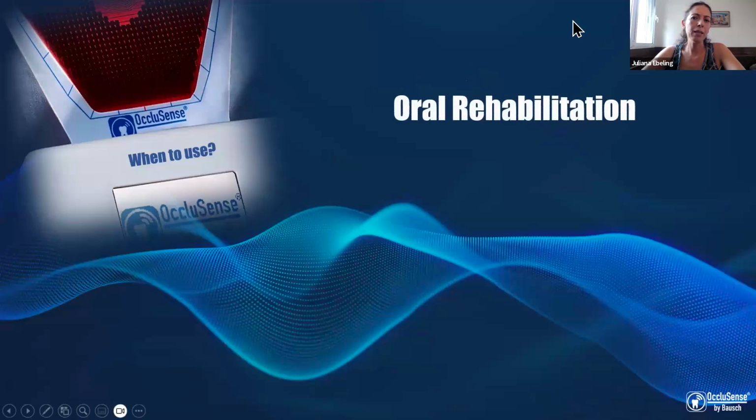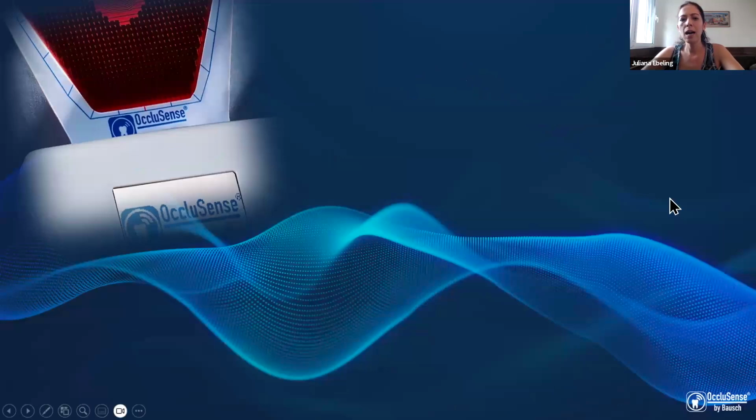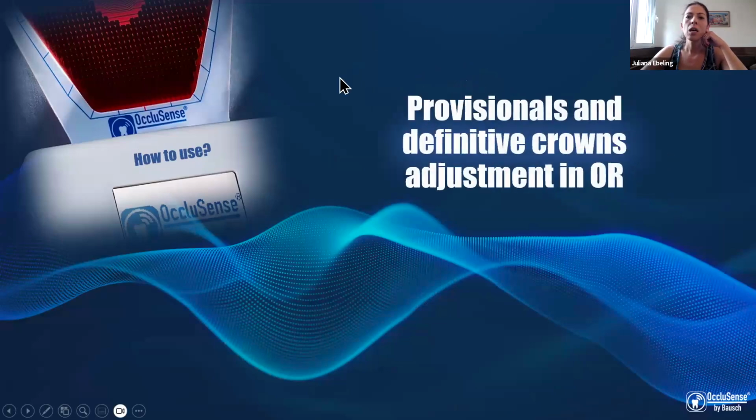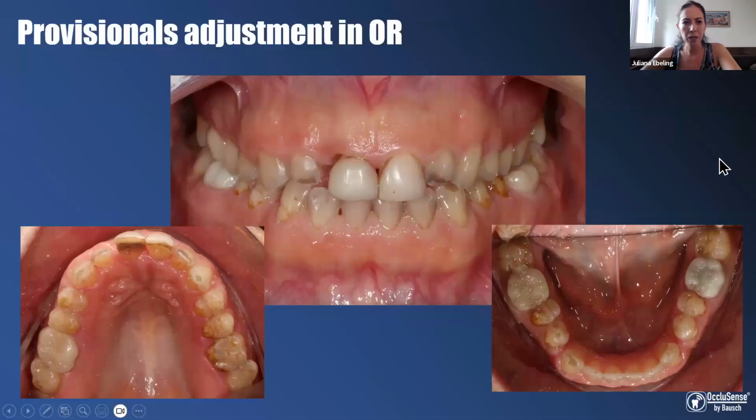In oral rehabilitation, we normally use it at two different moments: to adjust the provisional phase and for the final definitive crowns at the final phase of this adjustment. Let's see a case.